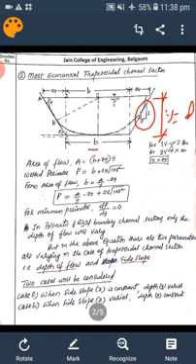If this is B, then this is also B. Then how has this come, that is ZY, this and this.